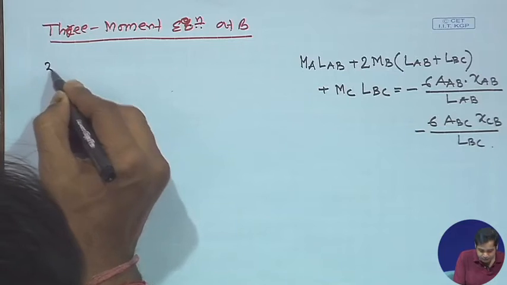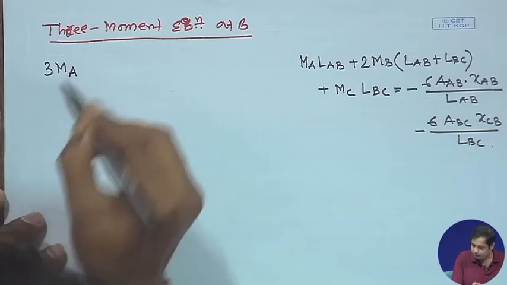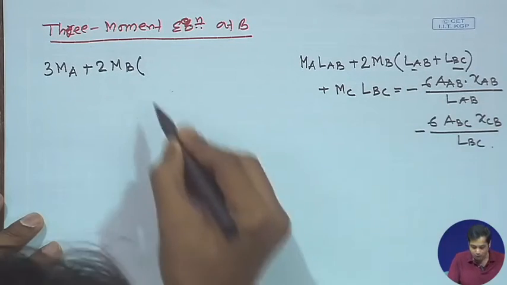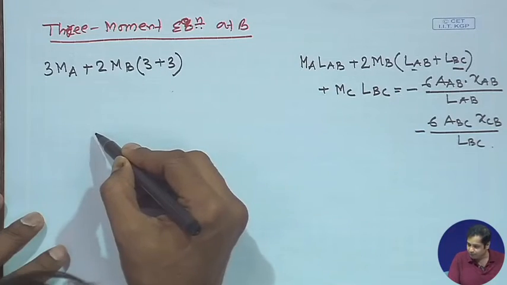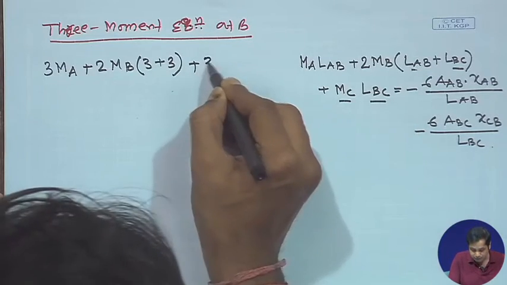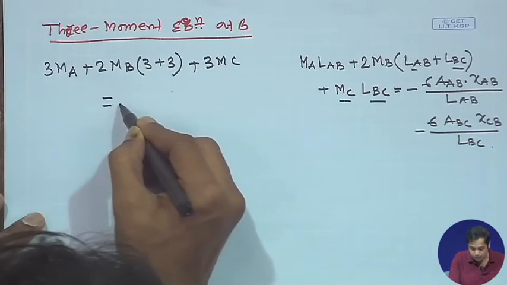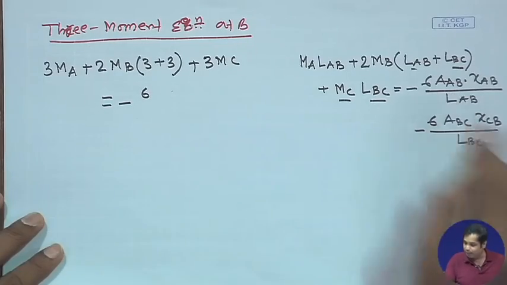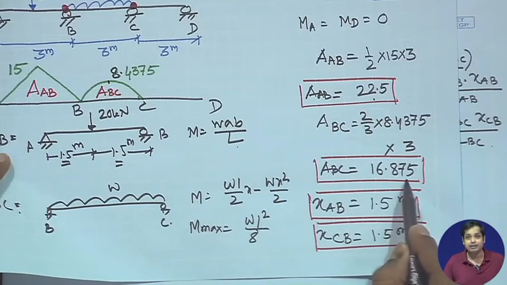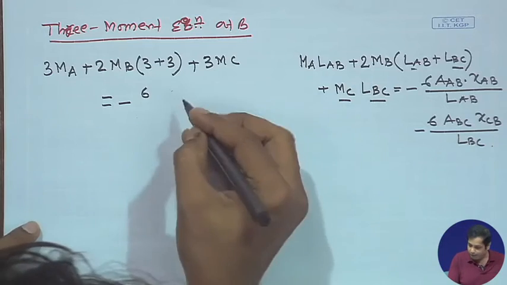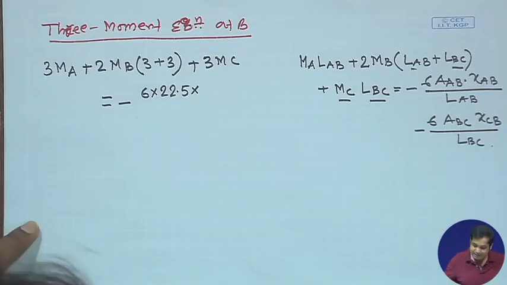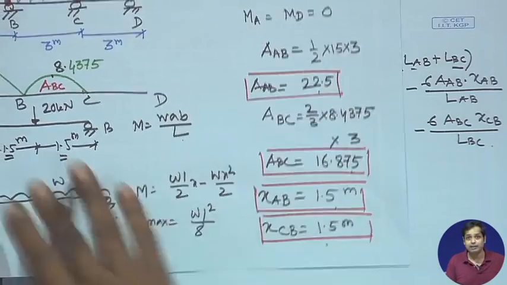So, this becomes 3 into MA, then plus 2 MB, LAB and LBC are both 3 meter, so 3 plus 3, and then plus MC into LBC, which is 3 MC, that is equal to minus 6 into AB, and if you remember AB we have determined is 22.5 and ABC is 16.875, that is already determined, minus 6 into AB into XAB, again XAB is 1.5 and XCB is 1.5.